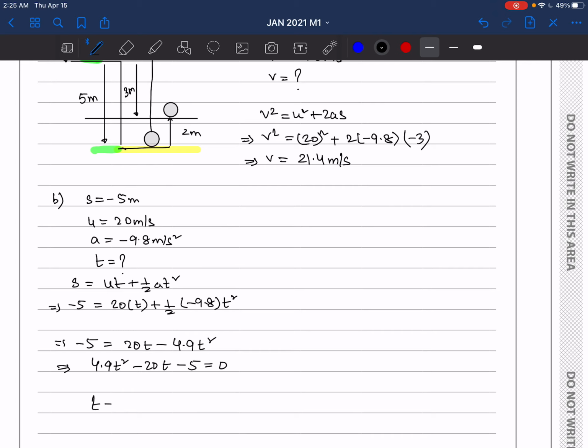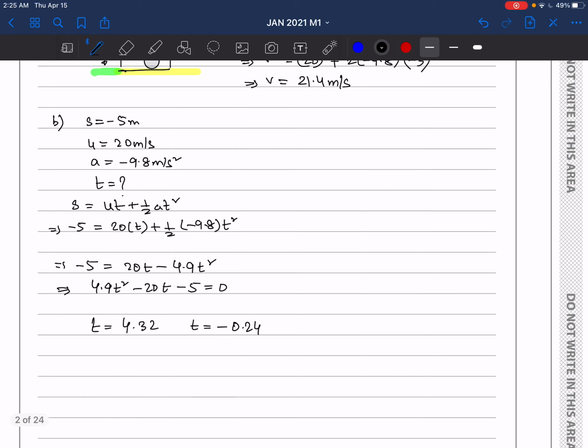From here, if you solve the quadratic equation, you will get two values of t, which will be 4.32 and minus 0.24. I'm not showing how to solve the quadratic equation; I think every one of you is able to do this. Time cannot be negative, so our required time is 4.32 seconds.